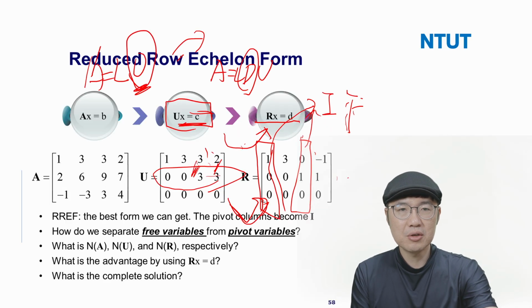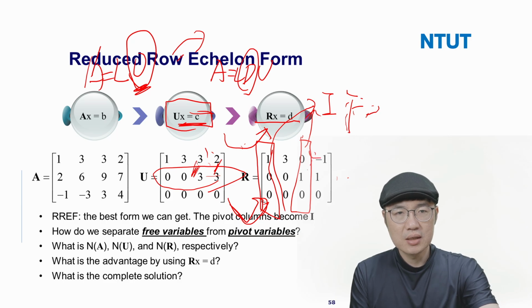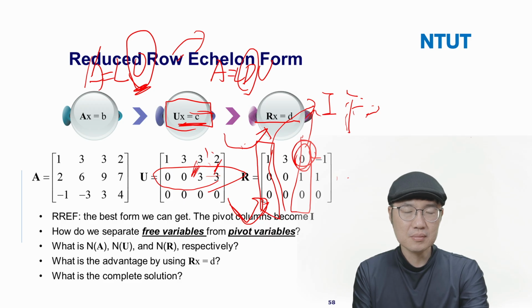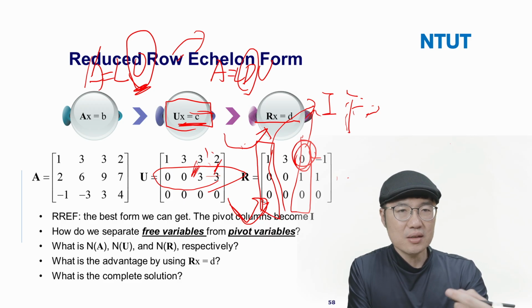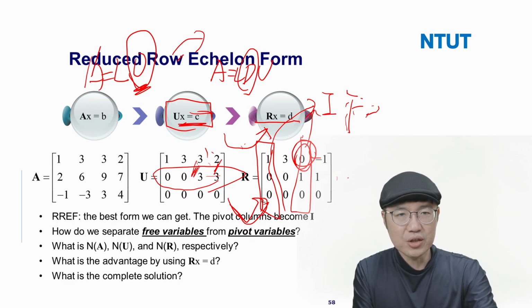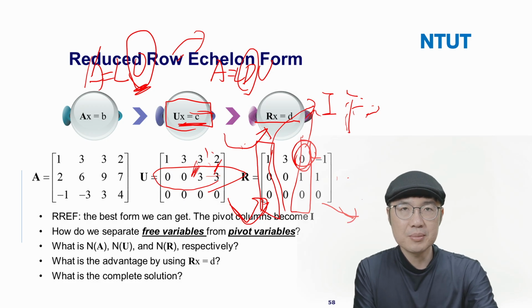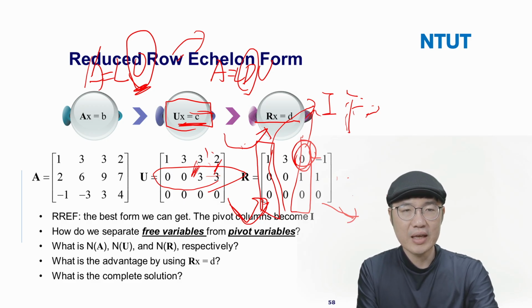So the first row becomes 1, 3, and more importantly, 0 here, with minus 1 as the last entry. So this produces an R structure where you can see the conversion of free variables and pivot variables easier.